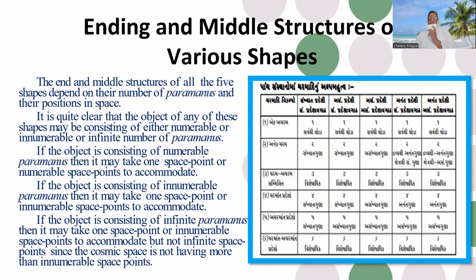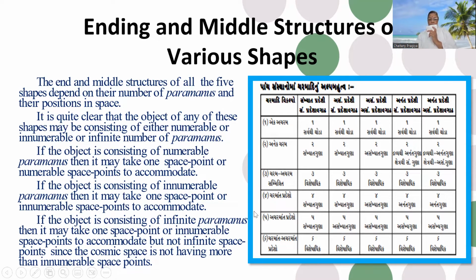Such structures may be found, and they are also infinite times greater in number in comparison to other structures. Now we could see charam, acharam, sammilit. There can be some structures which have endings and also a middle part. They can be more in comparison to whatever else we have discussed.